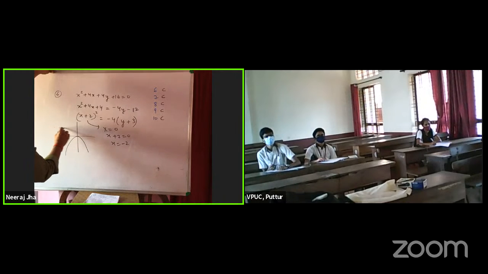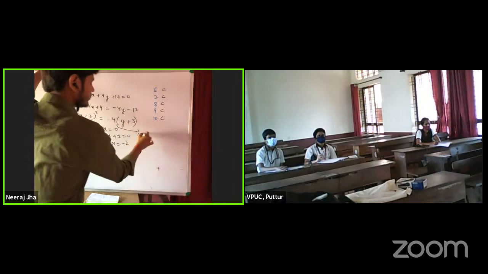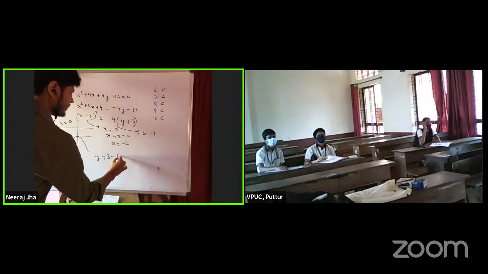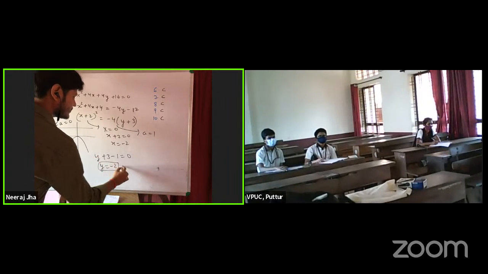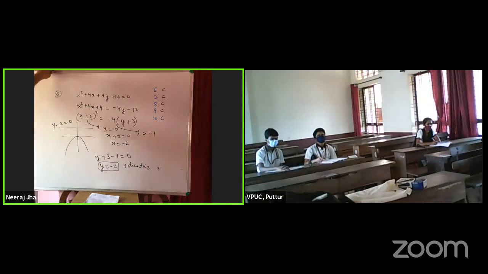Now the directrix is capital Y plus a is equal to 0. Here a is 1, so y plus 3 minus 1 is equal to 0. Hence y is equal to minus 2. This is the directrix, and this was the axis.